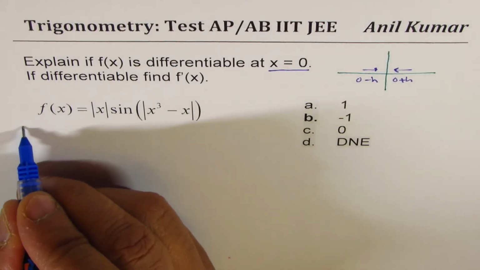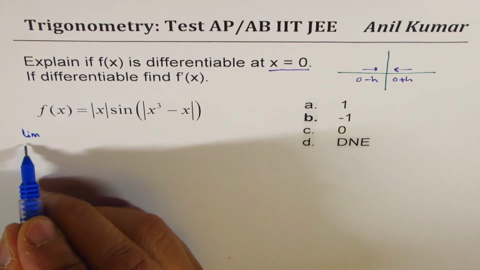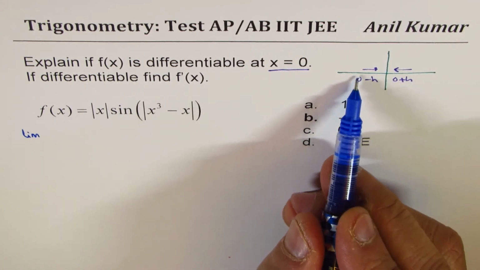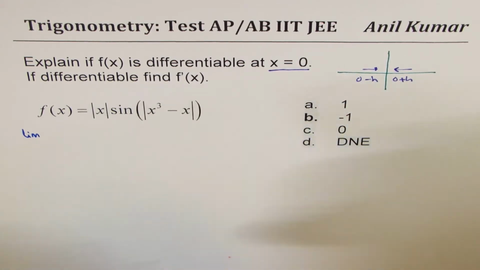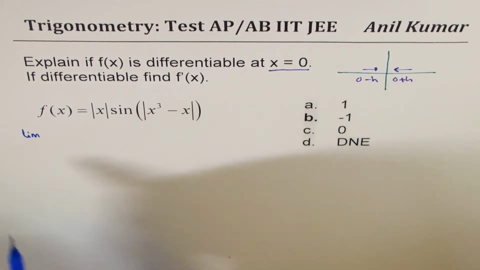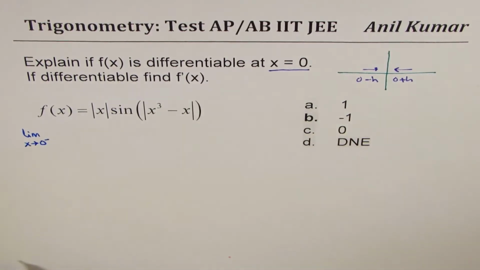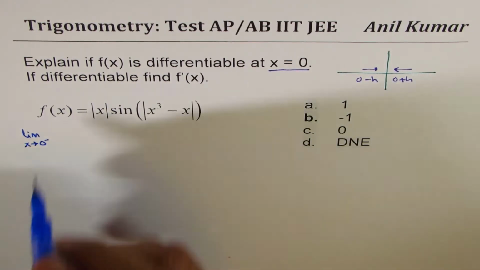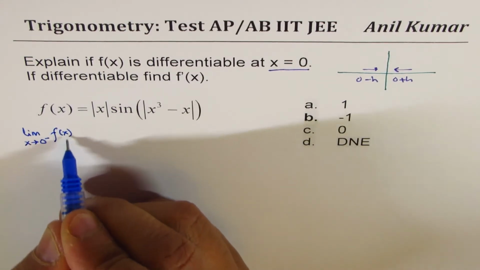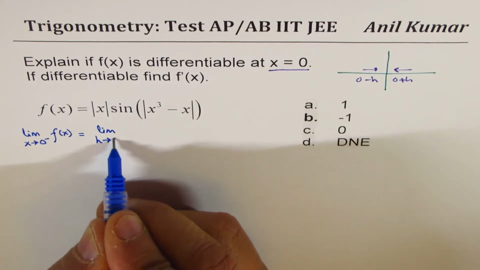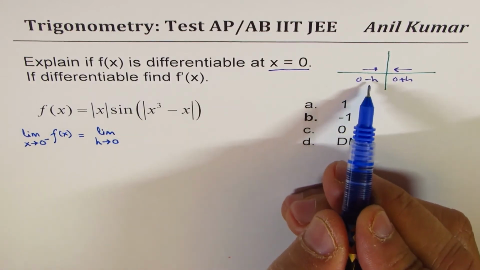So we'll find the limit of this function as x approaches 0 from the left side, correct? So in that case, as x approaches 0 from the left side, we could write this as the limit when h approaches 0, but we'll take minus h, right?